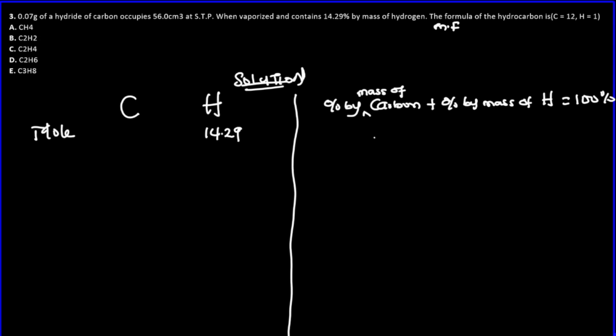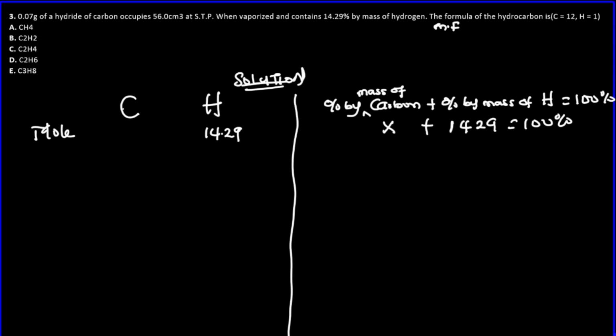So remember, let's just use this as X. We're given percentage by mass of hydrogen to be 14.29. So what you just do is subtract. You don't need to go through all this process. Just add everything that you have for the values of the other elements you were given, and then subtract it from 100.